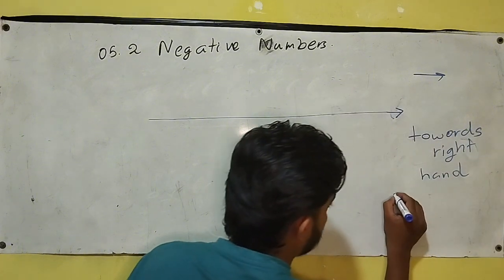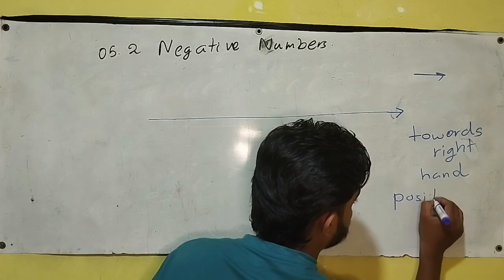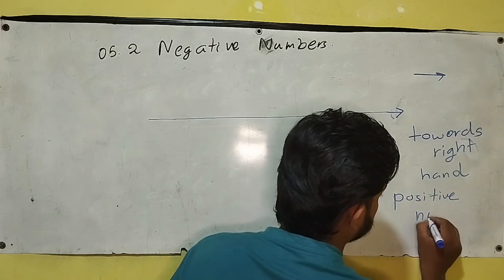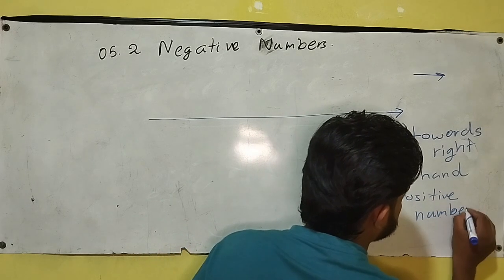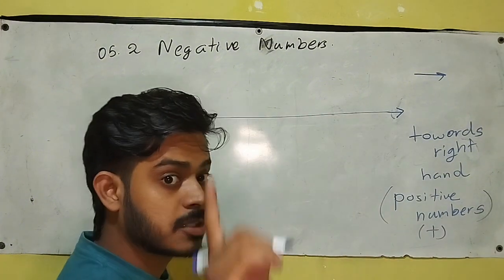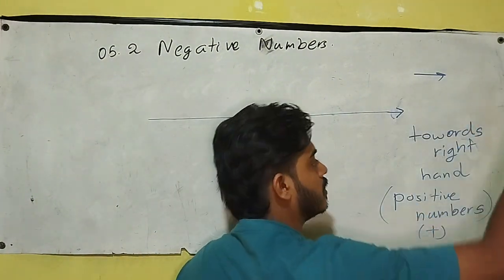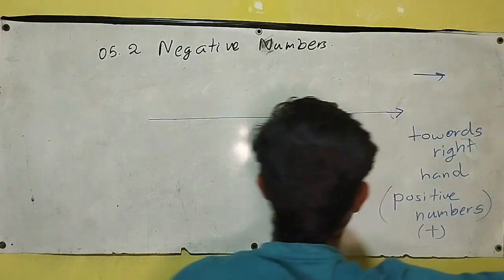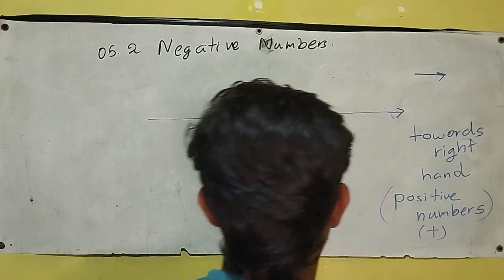Towards the right hand, what? Positive numbers. Okay, positive. I explain, towards this is your right hand.